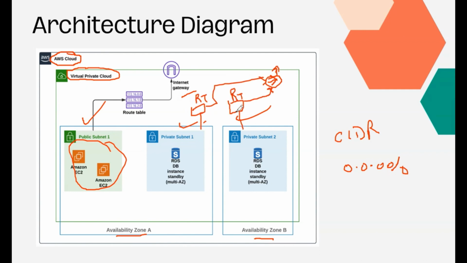These are the route tables for the private subnets and this is the NAT gateway. The route tables associated with the private subnet are configured to have all outbound traffic, which is opposite to the route tables associated with the public subnet.